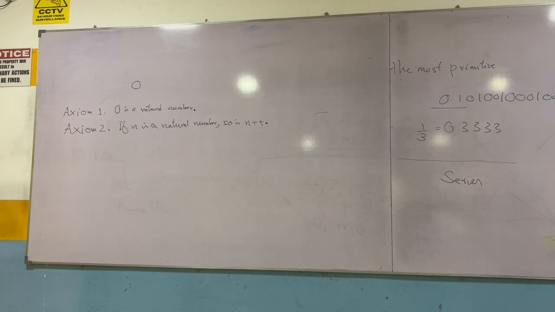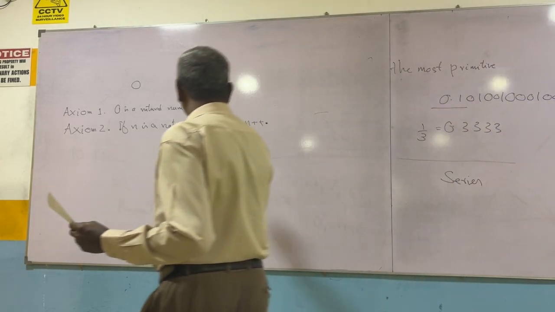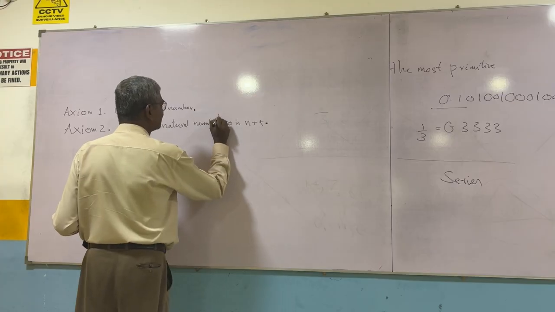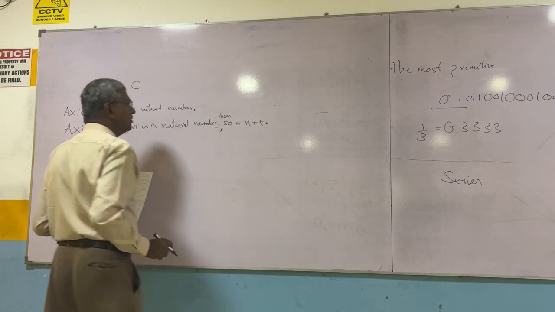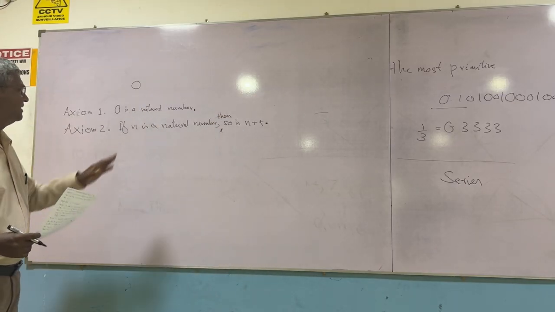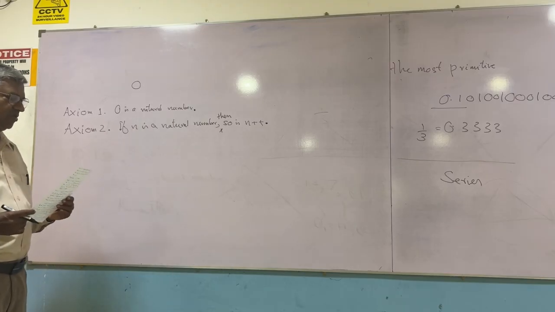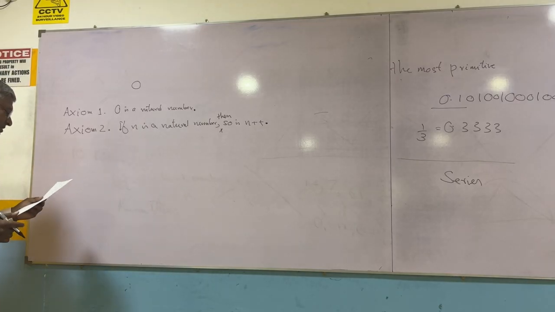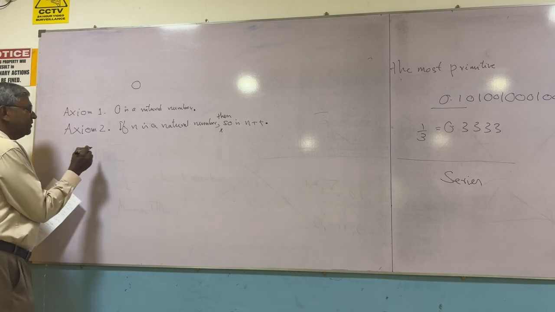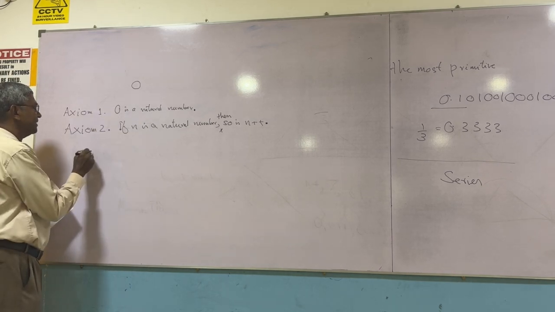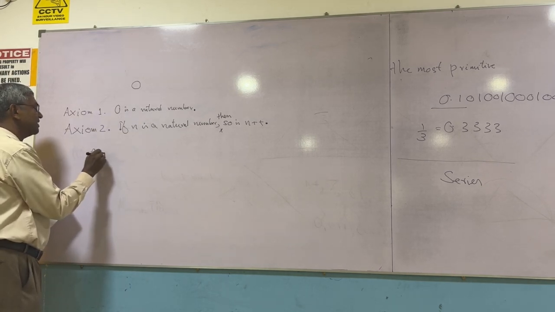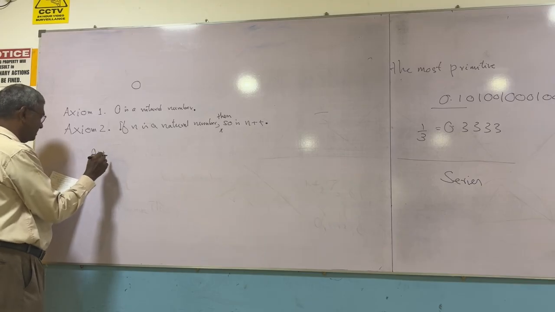If n is a natural number, then so is n plus plus. What it means is if n is a natural number, then n plus plus is also a natural number. From that, since 0 is a natural number, you know 0 plus plus is a natural number.